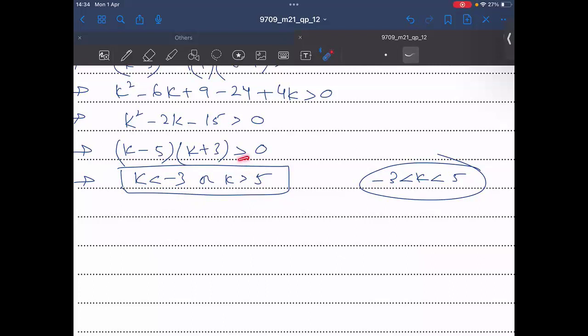And if you're going to have less than 0, you're going to write the final inequality in this form. From here, if you have less than 0, you write it this way; if you have greater than 0, you write the final inequality in this way, representing the set of values of k.